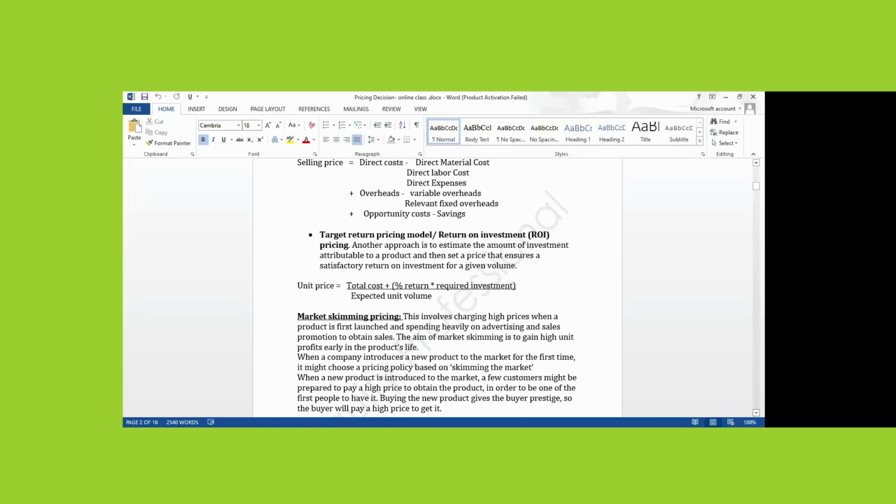When a company introduces a new product to the market for the first time, it might choose a pricing policy based on market skimming. Because the product is new, some customers might be eager to buy the new product at a higher price.